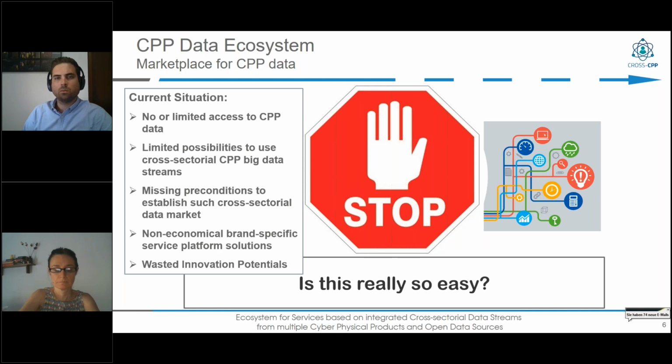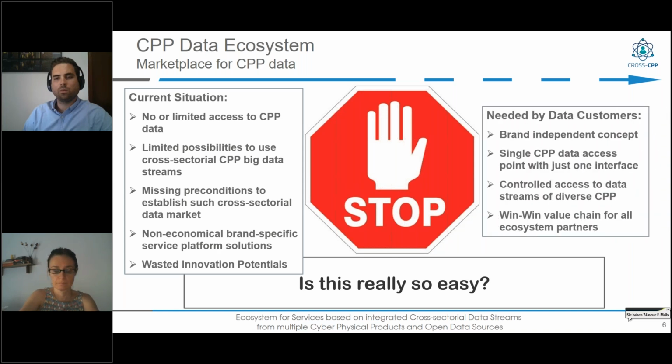If you as a service provider have to serve a lot of different interfaces and connect your own system to different platforms, it will cause a lot of work and make the whole solution not economical. So we have a lot of preconditions missing for the moment, which need to be fulfilled so that we have a solution which brings benefits for all in the whole value chain.